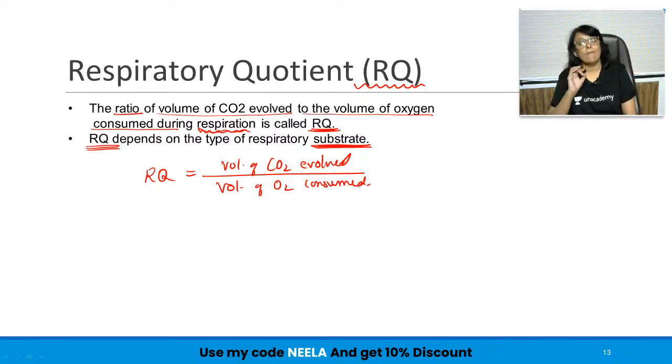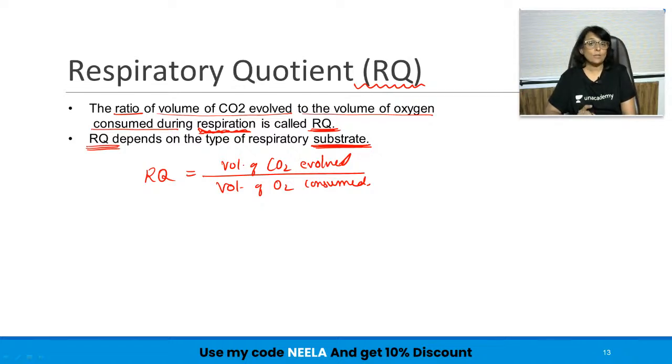So again, whenever there is a quotient, it is a comparison. How much is the inflow and how much is the outflow? And that will decide the quotient. If it is on the basis of our intellect, that is our knowledge and interpretation, then we call it IQ. Here, because we are talking of respiration, we are calling it RQ.